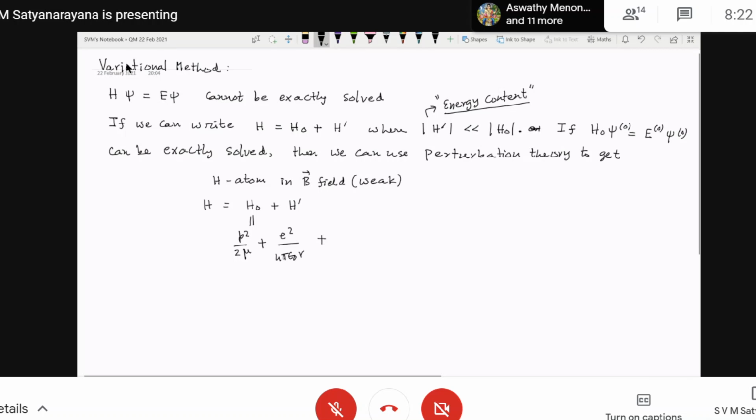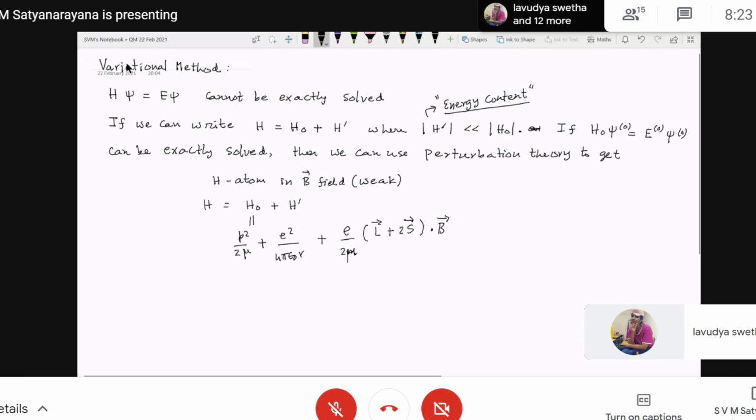Plus, you may have e by 2 mu times the angular momentum plus 2 times spin dot B. That is the spin coupling term. Correct. So this is how the magnetic moment of the electron coming from the orbital motion and the spin of the electron will couple to the magnetic field. Now this will be your H prime.